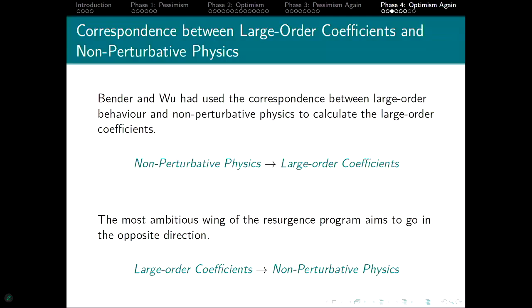They went in this direction: they did a calculation of the non-perturbative physics using the WKB approximation, then used that to estimate the large order coefficients, and then numerically verified that they were very good approximations. The idea with resurgence is to go in the other direction. This correspondence could actually be used to reconstruct the non-perturbative physics: start with the large order coefficients and use them to calculate these intrinsically non-perturbative effects.